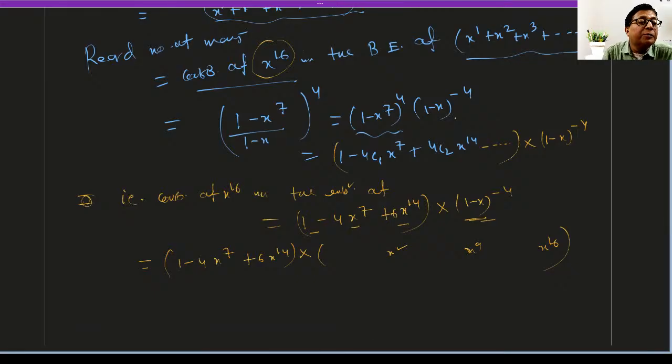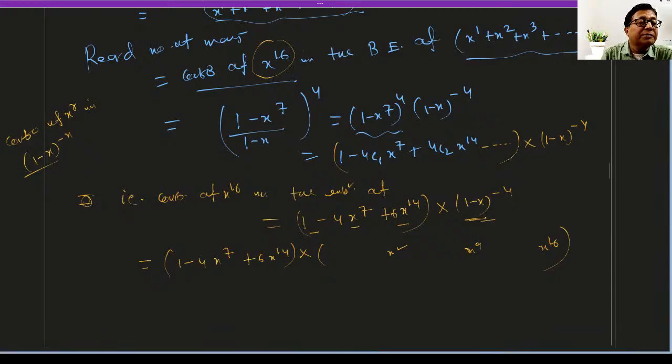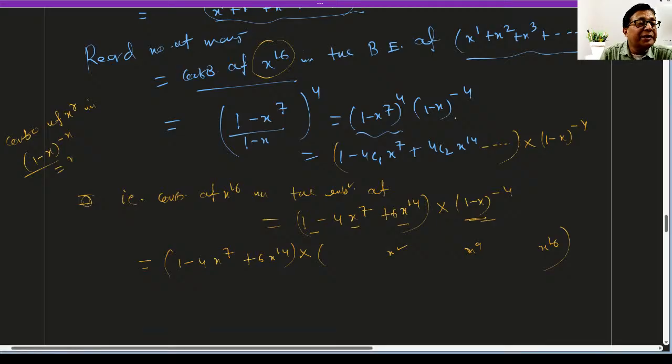I just bring the formula back. The coefficient of x to the power r in this is, you write that only, in terms of C. You will simplify later.